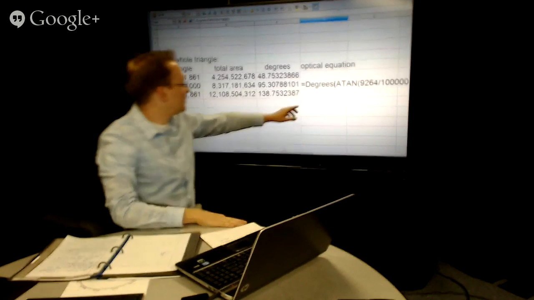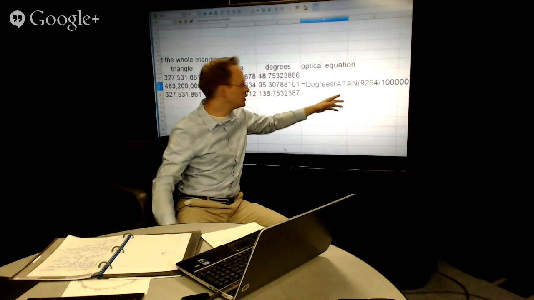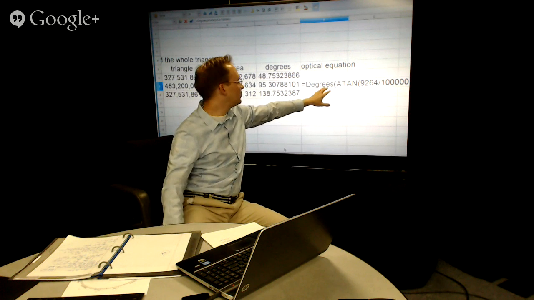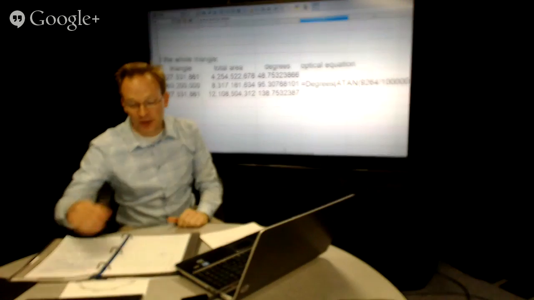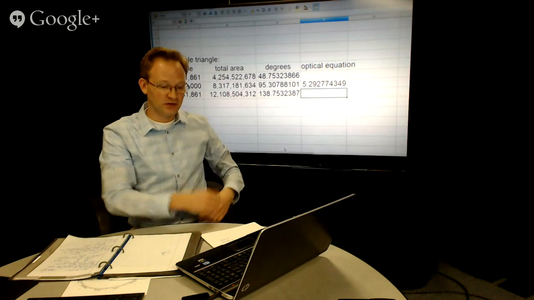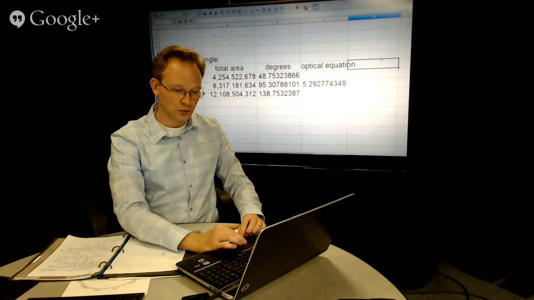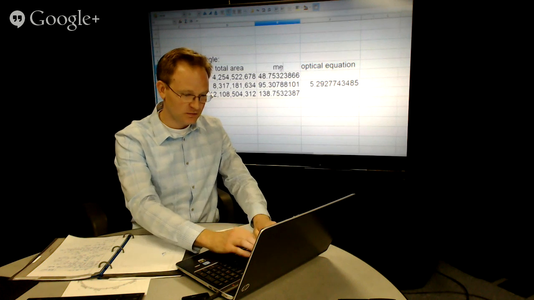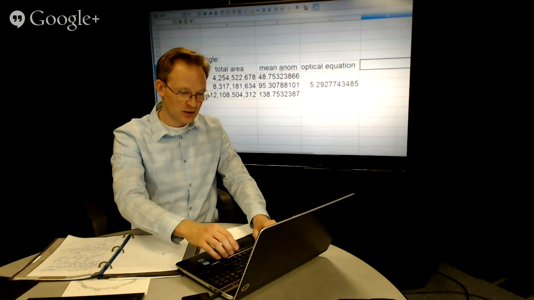The arc tangent gives you radians, so you have to convert to degrees in your spreadsheet. So we got 5.25 degrees.